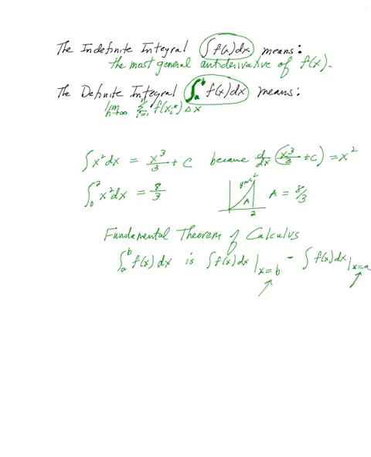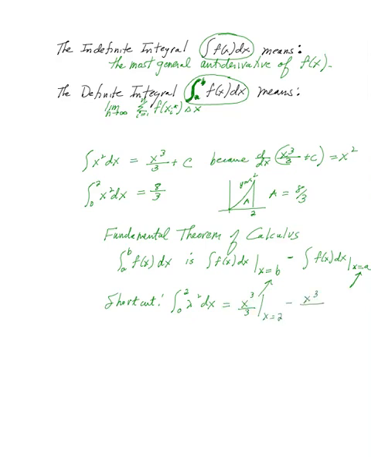So for example, here's the shortcut. The definite integral from 0 to 2 of x squared dx. What's an antiderivative of x squared? It's x cubed over 3. We evaluate that at x equals 2.